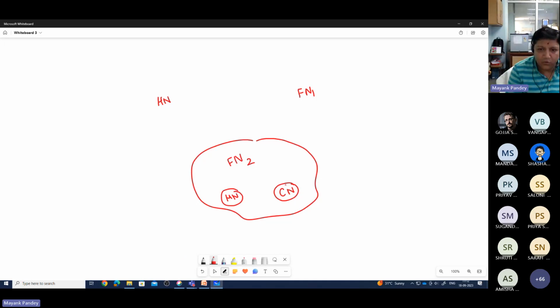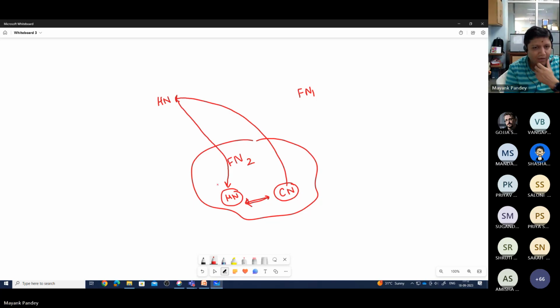Now, if the correspondent node wants to transfer a packet to the mobile node, it will send the packet to the home network. The home network will forward the packet to the mobile node. So see, this is triangular routing. Both mobile node and correspondent node are in one network, still packets are getting transferred through the home network.